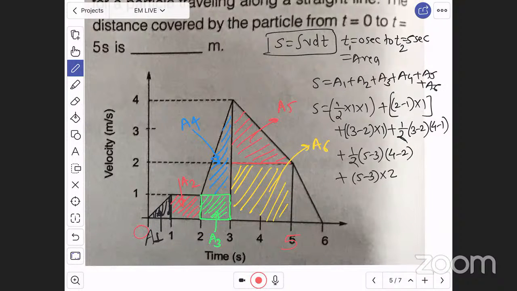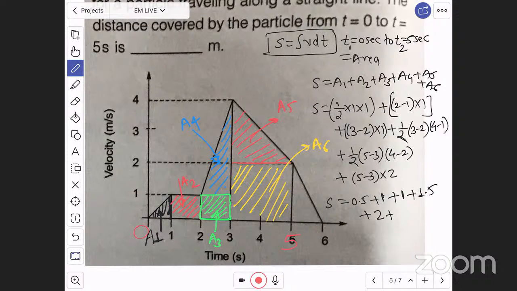Now, calculate this area. Therefore, S is equal to 0.5 plus 2 into 1, 1 plus 1 into 1, 1 plus 1, 1 into 3, 3 into 1 by 2, that is 1.5 plus here 2 into 2, 4 divided by 2, 2 plus 2 into 2, 4. Right.